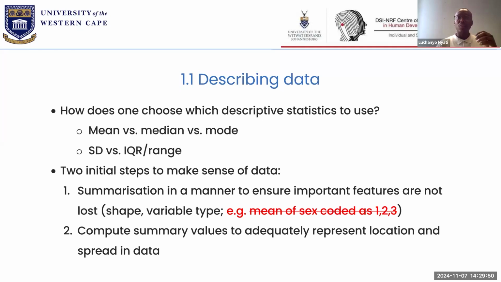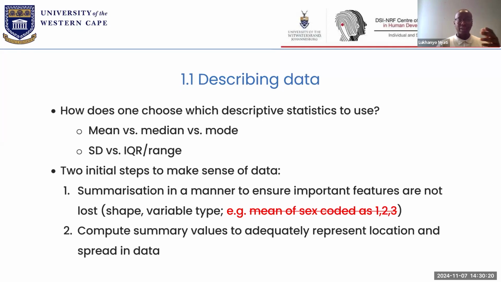So in a particular case where you've got true values, but those values are outliers, or you've got a very skewed distribution, it's not a good thing to present your data using a mean, because the extreme values will influence the mean, and it is better to present a median.